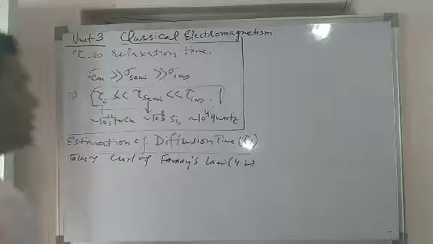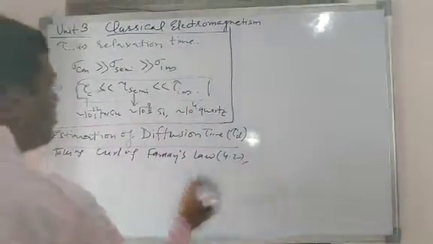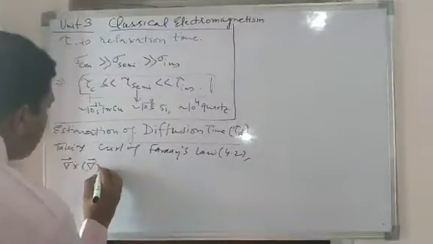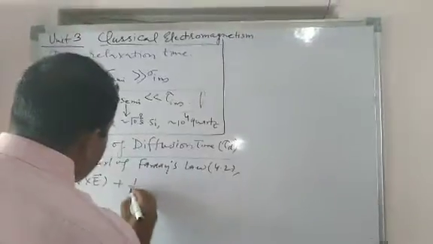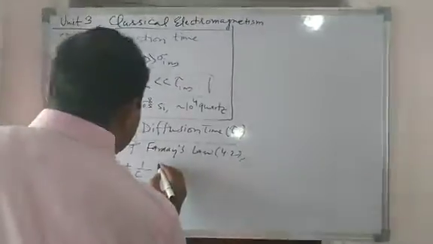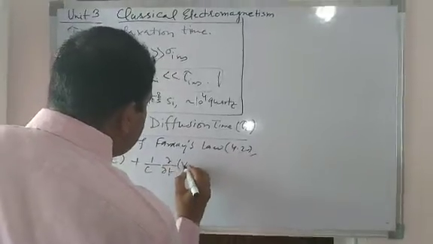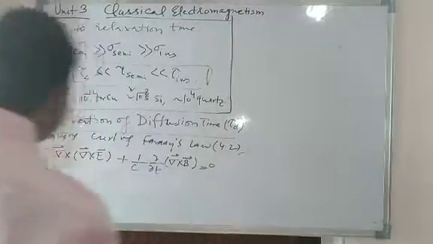We could either take the curl of 4.2 or the curl of 4.4. So that would give you del cross E, plus we had 1 over C del B by del T. So this is del by del T of del cross B. So this should be 0.